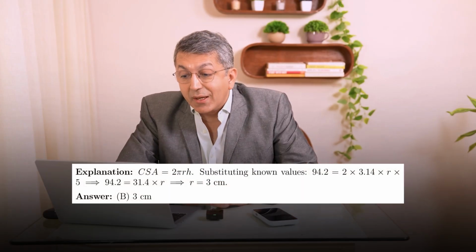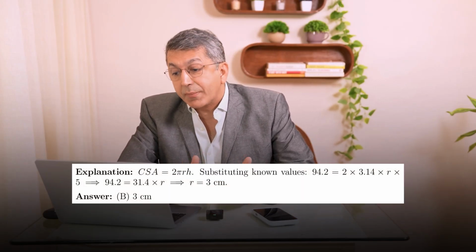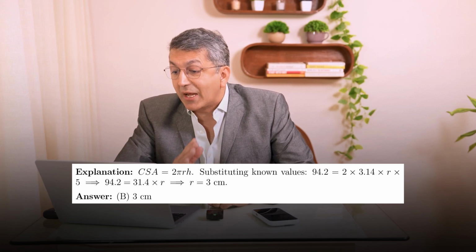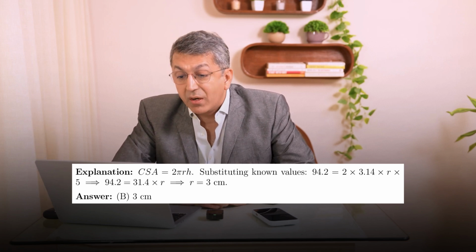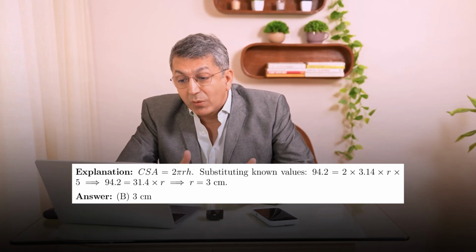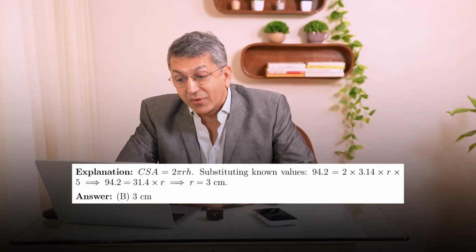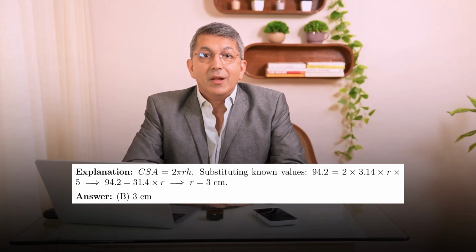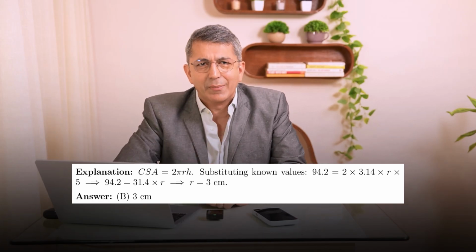Explanation: CSA = 2 pi R H. Substituting known values, 94.2 = 2 times 3.14 times R times 5, which gives 94.2 = 31.4 times R, so R = 3 centimeters. The answer is B, 3 centimeters.